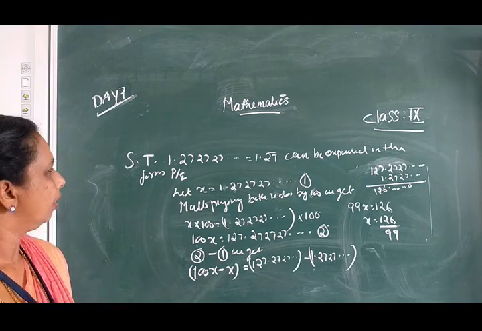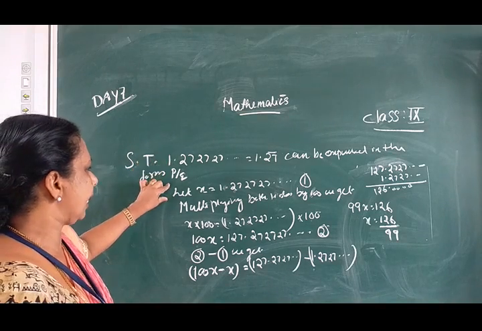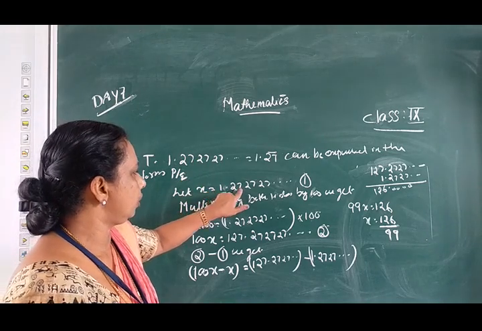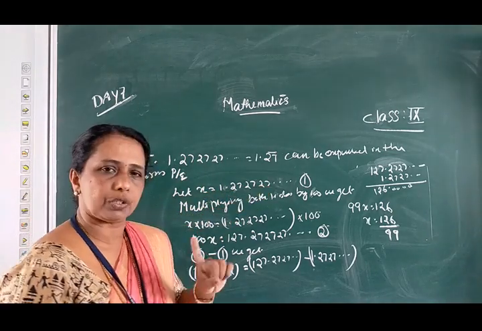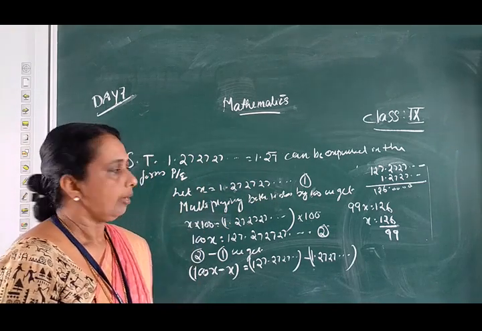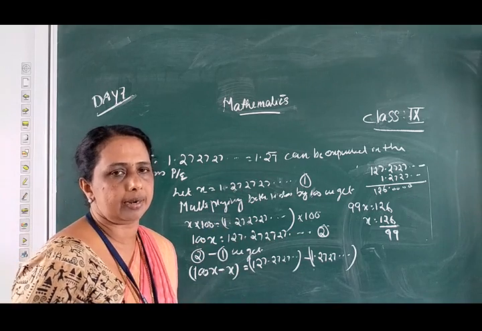Okay. One more time to explain. The given number, we take as let x is equal to the given decimal number 1.272727 etc. That is equation number 1. Then we have to tell how many digits are repeating here. Here 2 digits are repeating, so we have to multiply both sides by 100.